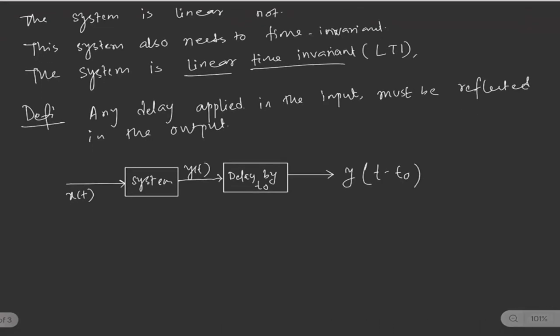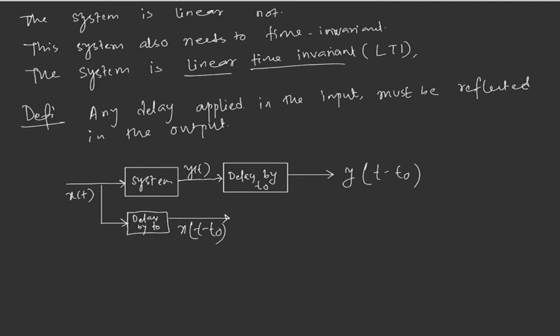Now, instead of applying a delay to the output, if you apply a delay to the input function, which is x(t), delayed by t naught, we can come up with x(t minus t naught).